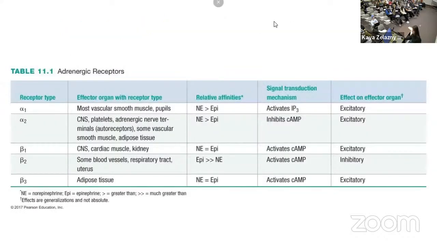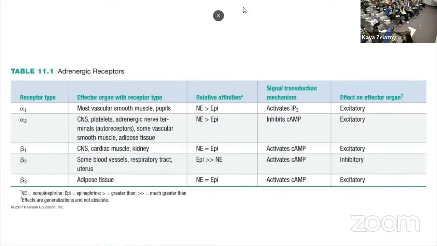So here's a reminder about those adrenergic receptors because we're about to talk about one of our other types. Okay, so this is just a chart from your book. You've seen it a couple of times before, but we're going to poke in and look at what we're interested in right now. Okay, so we're thinking about our alpha adrenergic receptors just now. So we can see here, it tells you that they're in vascular smooth muscle.